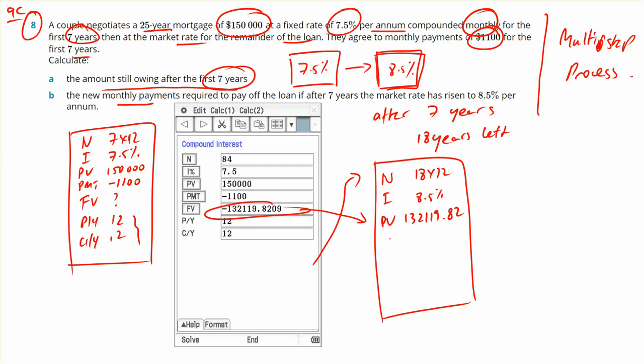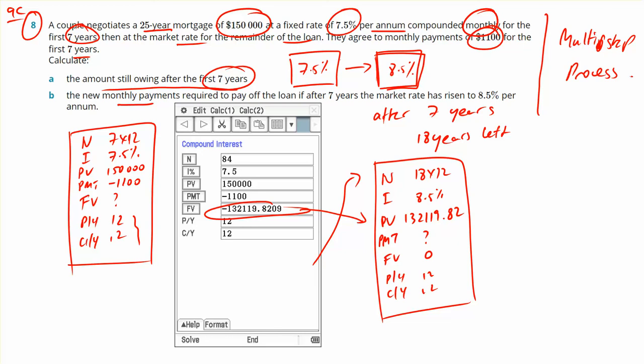My payment we don't know, we're trying to work it out. My final value, because it's a loan and we're going to the end, we want to be 0, because all loans hopefully go to 0, otherwise you'll be bankrupt. Your PY and CY are both 12.